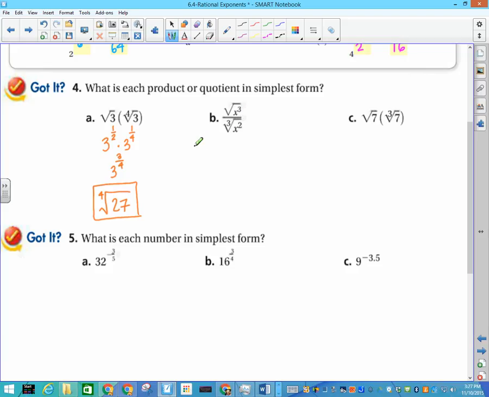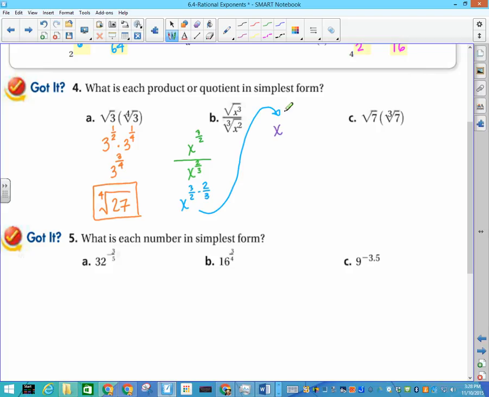Let's go with, on the top, x to the 3 over 2, and on the bottom, x to the 2 over 3. So this time it's probably better to remember that we subtract those two because they have the same base. So that equals x to the 3 halves minus 2 thirds. 3 halves minus 2 thirds is equal to 5/6.